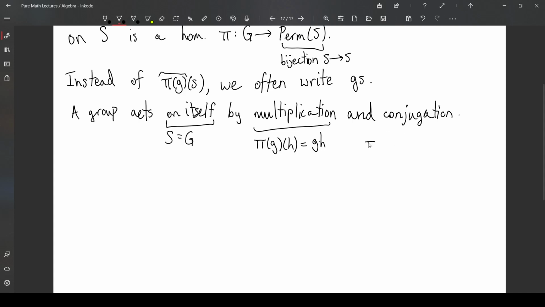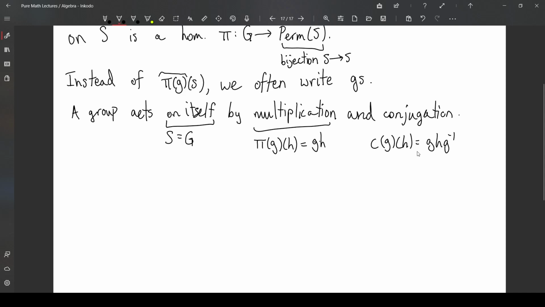And then conjugation, I'll use the letter C, is when you multiply by the element on the left and then by the inverse of that element on the right.